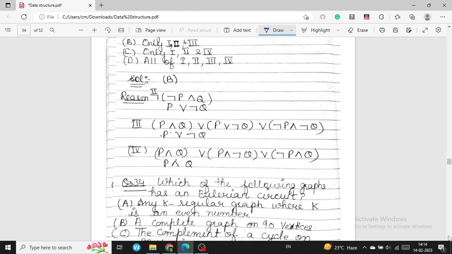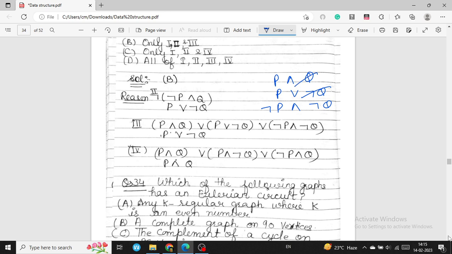When we match P and Q: P or not Q, not P and not Q, and all of these have an or. What will we find?